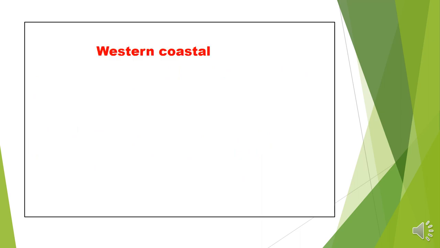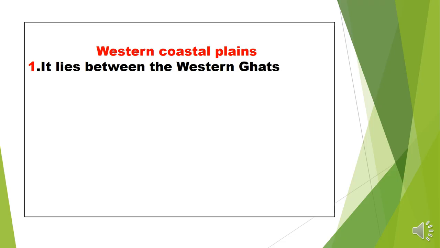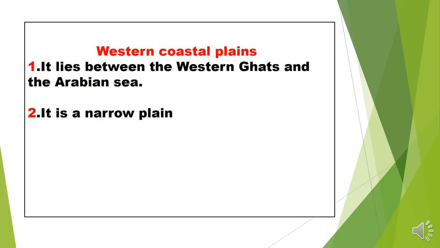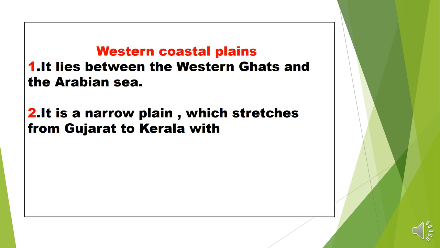Firstly, we will discuss the western coastal plain. It lies between the Western Ghats and the Arabian Sea, and it is a narrow plain.